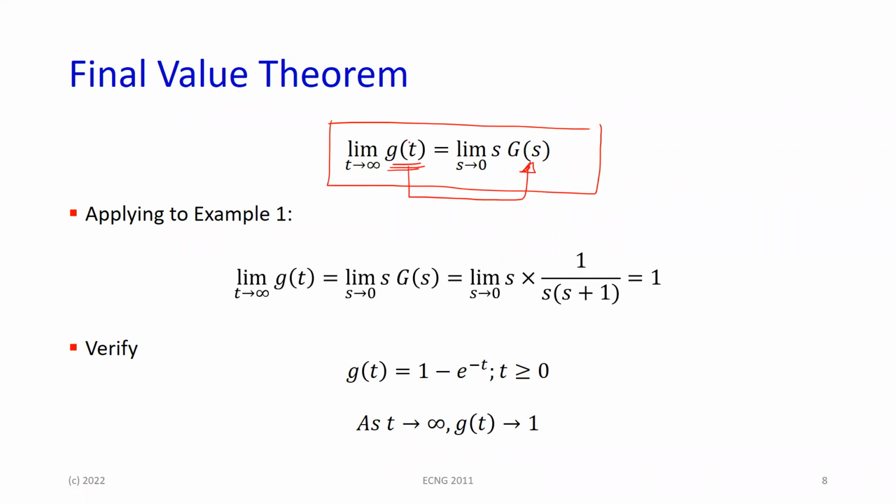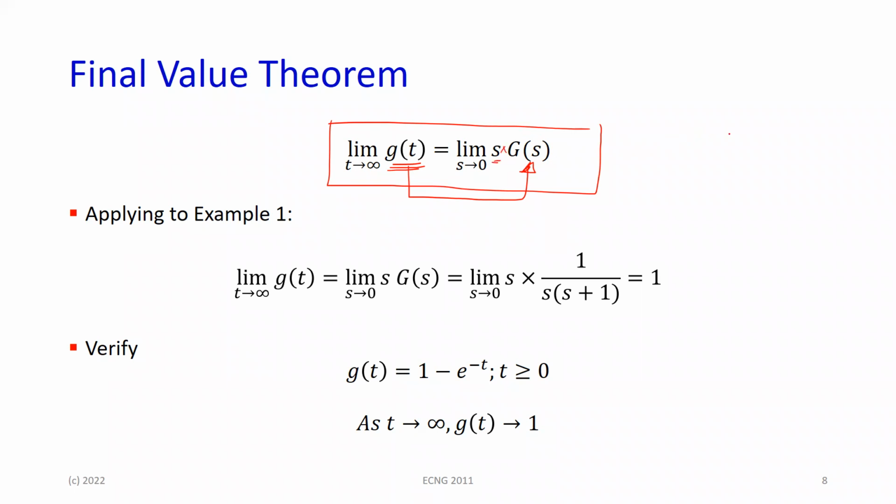But if you have some function of time g(t), and you want to find out what is the steady state value of the function, in other words, what is the value as t goes to infinity, then in the Laplace domain, if g(t) has a Laplace transform G(s), we find the limit of s multiplied by G(s).